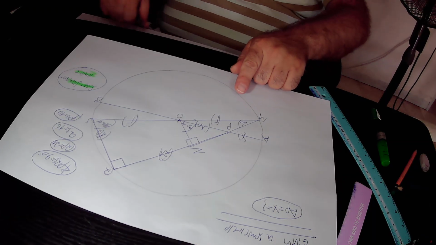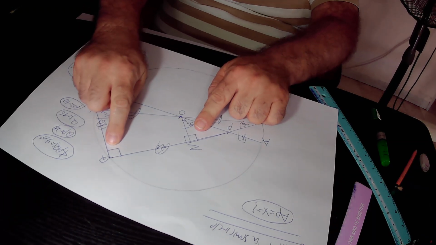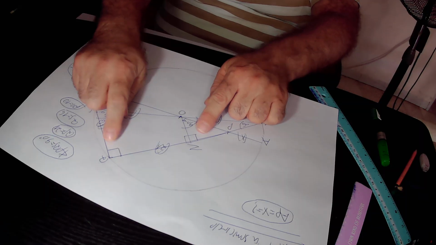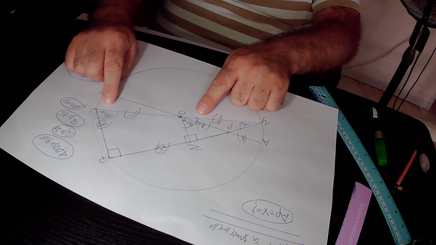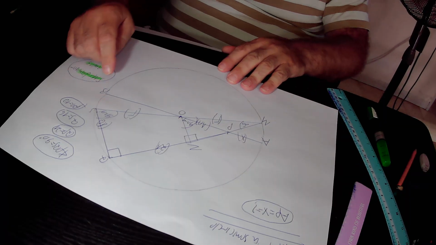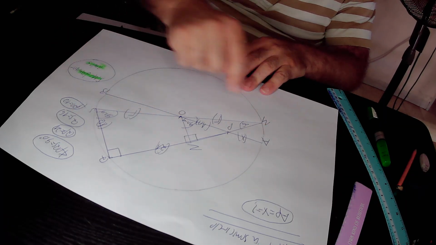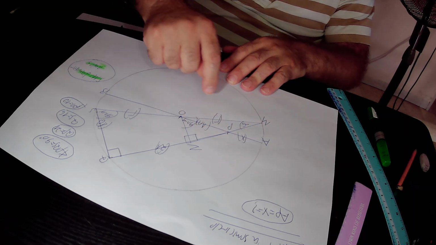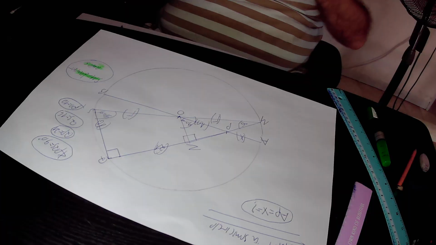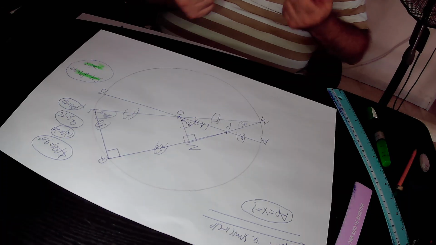In addition, those two angles are both equal to 90 degrees, and therefore they are equal to each other. And finally, those two angles are both equal to 90 degrees minus alpha, and therefore they are equal to each other. So we found out that all three angles of the big right triangle SQM are correspondingly equal to all three angles of the small right triangle ONM, and therefore those two right triangles are similar to each other according to the angle similarity rule.